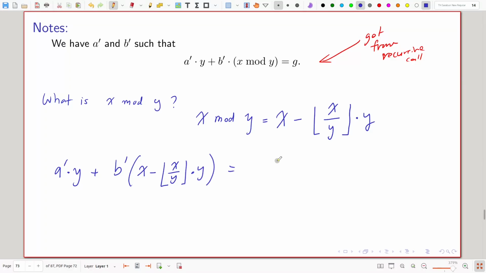Okay, so let's actually multiply everything out. So you get b prime times X, and then what else do you get?